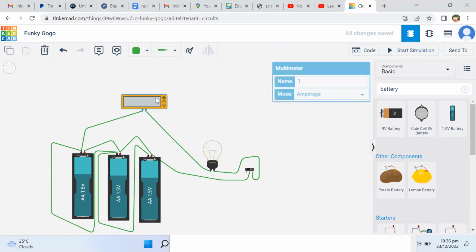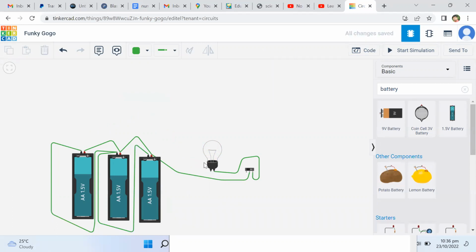Let's measure the voltage. I'm measuring the voltage. Now I have to connect this to the negative. Let's measure the voltage.